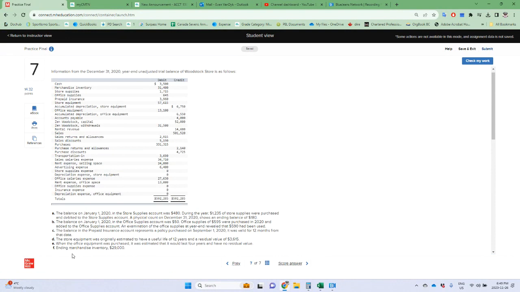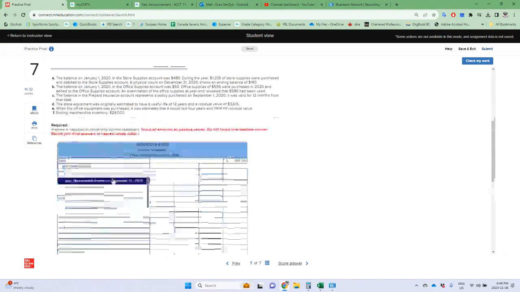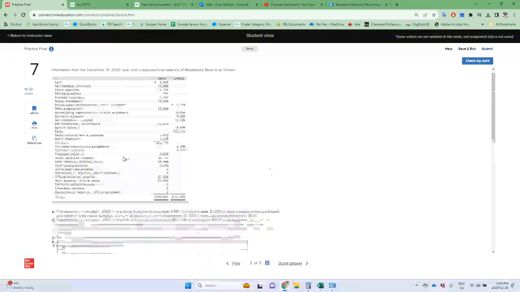All of these are going to be affecting our expenses. We're going to less our sales discounts, less our sales returns and allowances.